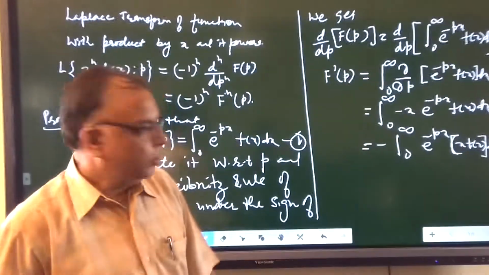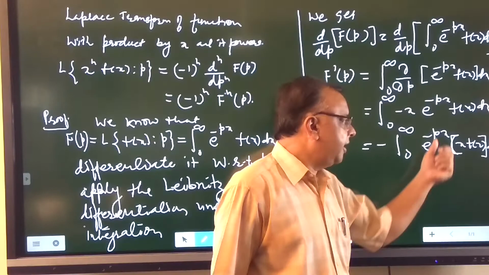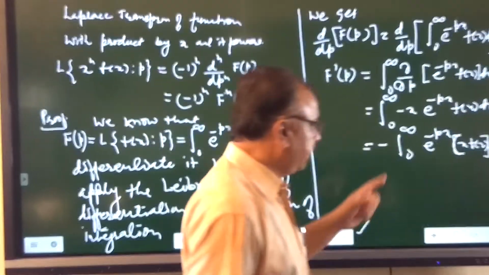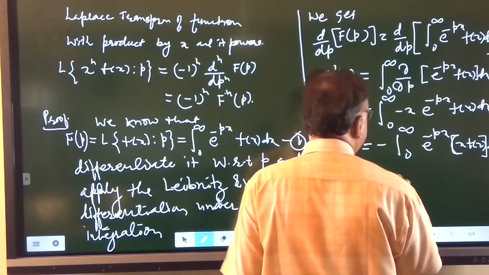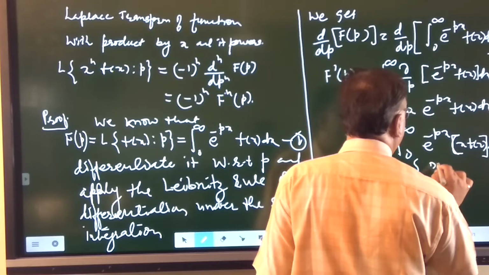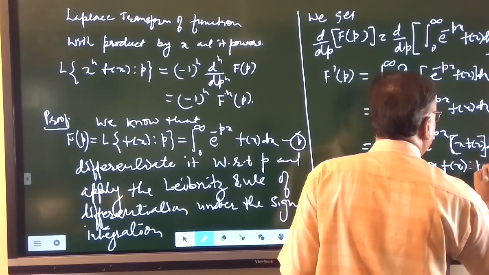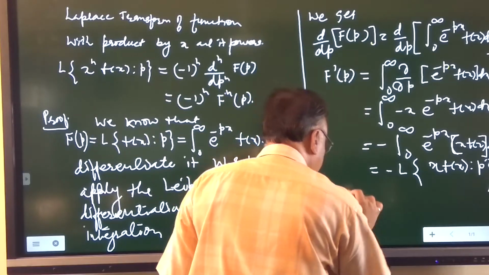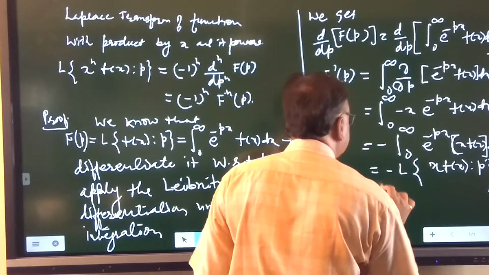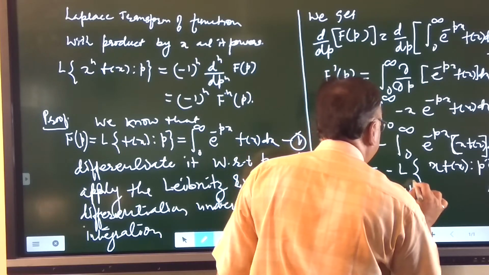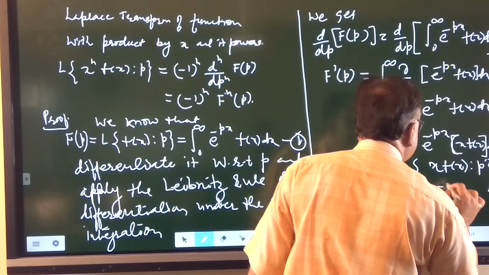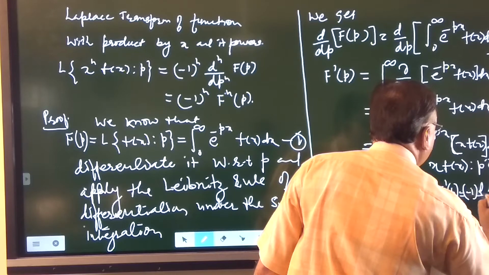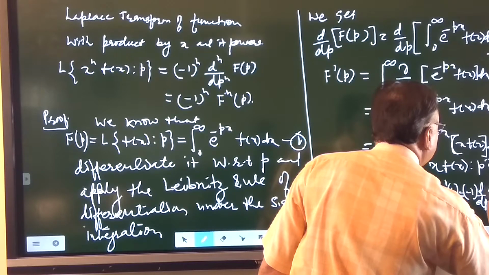On the right hand side, integral 0 to infinity e raised to minus px x f(x) dx is nothing but the Laplace transform of the function x f(x). So we can write it as minus of the Laplace transformation of x f(x) with respect to the parameter. So the Laplace transformation of x f(x) with respect to p is equal to minus F dash p, or minus 1 d by dp of F(p), equation 2.